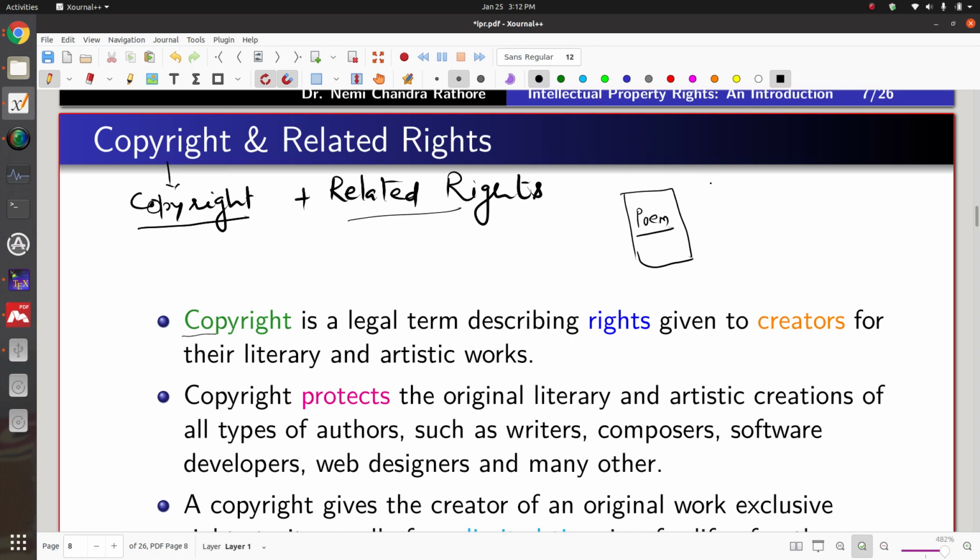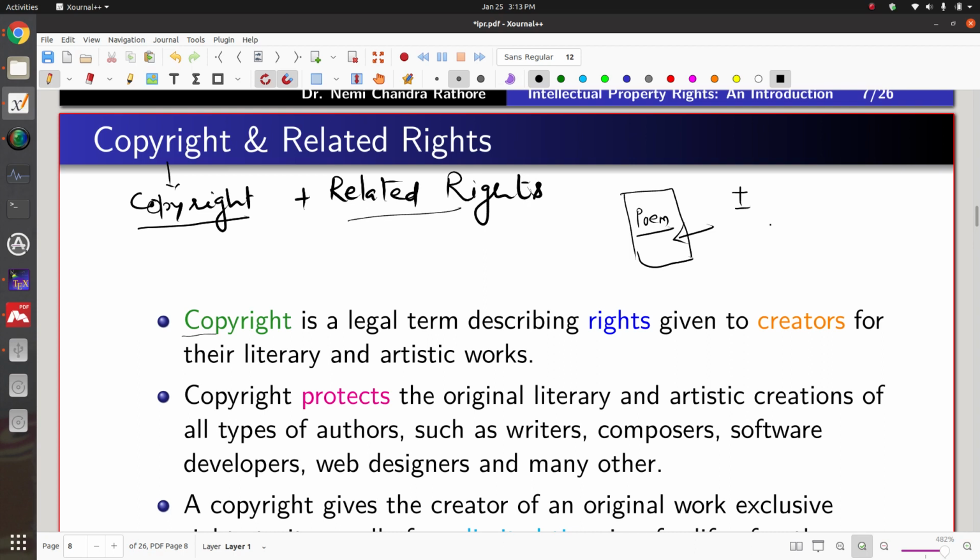Someday you wake up early in the morning and see the rising sun becoming very red and beautiful, your creativity starts growing in your mind, you get motivated and you write a poem on the rising sun. Since you have created this poem, you automatically get an intellectual property right in the category of copyright.